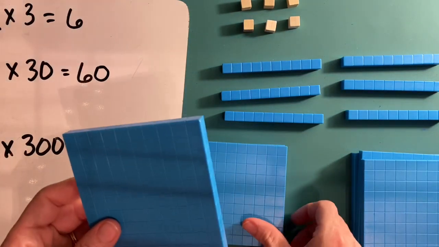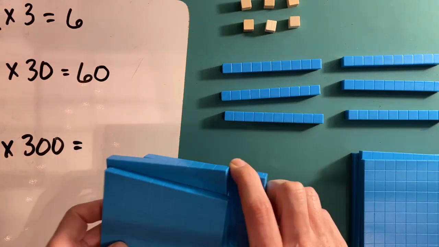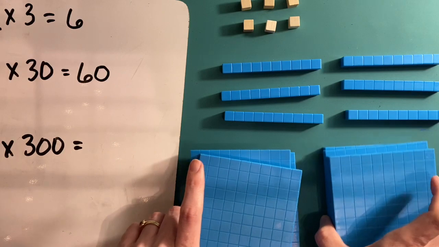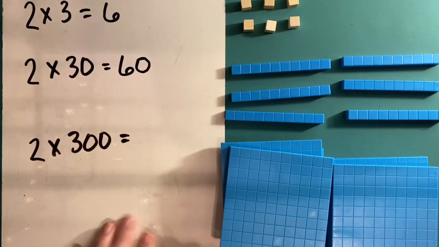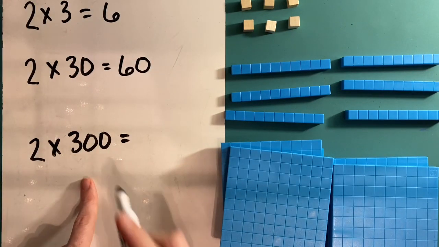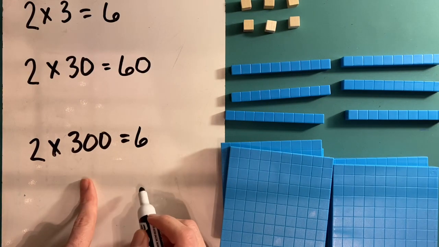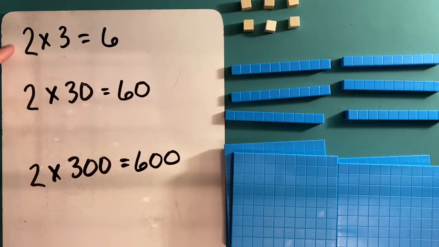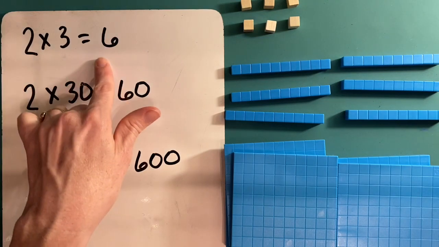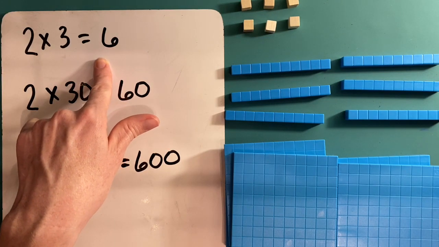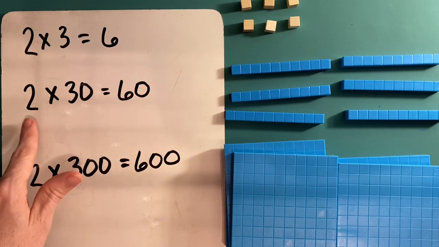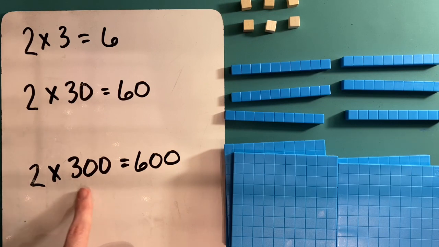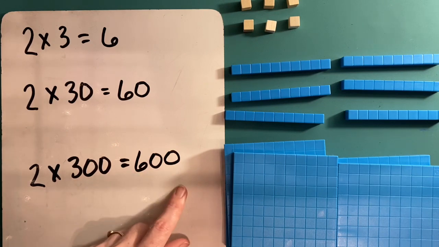So I have 100, 200, 300, 400, 500, 600. So 2 times 300 equals 6 hundreds. We can see that we've used the basic fact 2 times 3 equals 6 to solve our extended facts. 2 times 30 equals 60. 2 times 300 equals 600.